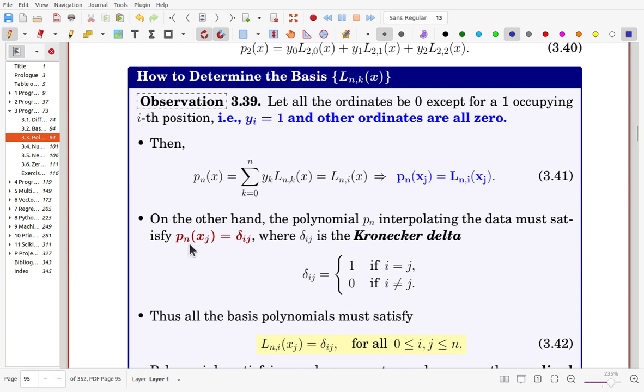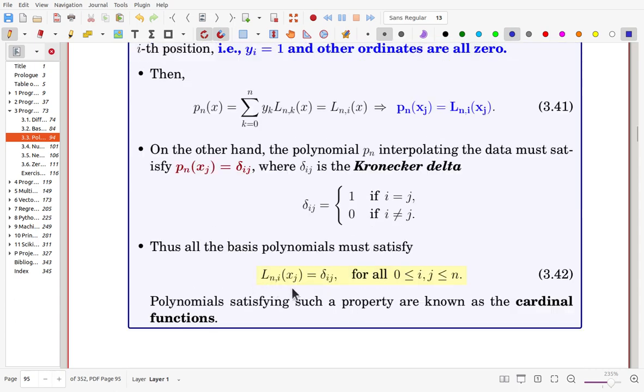So only here, at xj, the value is 1, but for all other points, the value must be 0. Now, we combine them here to reach this identity, Ln,i at xj must be delta ij. And such polynomials are called cardinal functions.